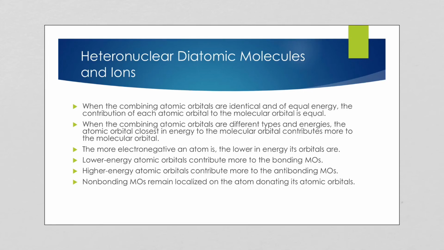The more electronegative atom is the one that will typically have lower energy orbitals and therefore is going to contribute more to the bonding molecular orbitals. The higher energy atomic orbitals will become more part of the antibonding orbitals. And so we just get a more complicated mixing picture.